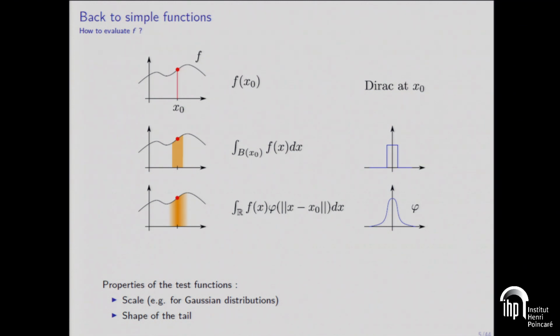The main parameter, for example for a Gaussian distribution, is the standard deviation, or for a more generic distribution, the shape of the tail. So the scale tells you how much information you take in the close neighborhood of your point, and the tail tells you how far away you also take information in your averaging.